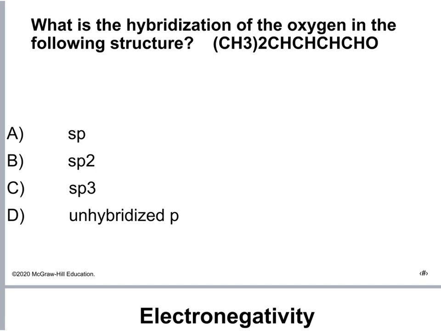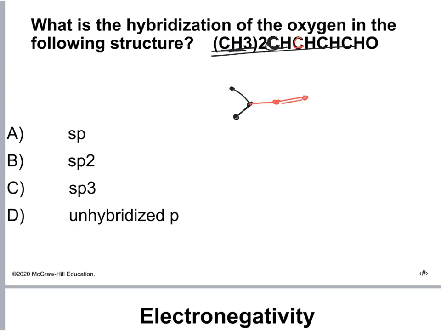What is the hybridization of oxygen in the following structure? So you'd want to convert this to a Lewis structure here. So you have CH3, you have 2 of those, and then you have this CH here. So this is this carbon. So you see CH3, CH3, and this is your CH, and then you have another CH, and then another CH.